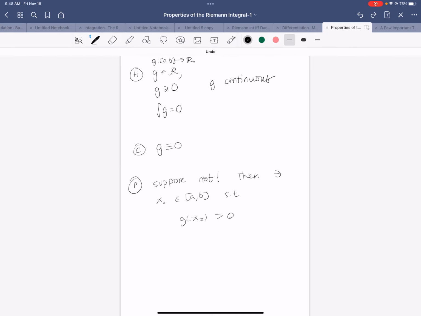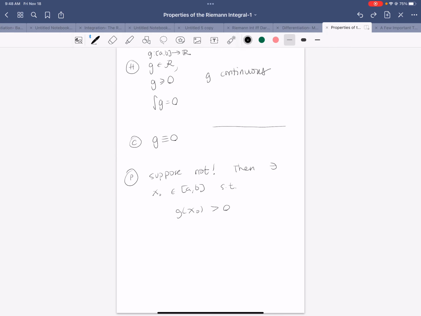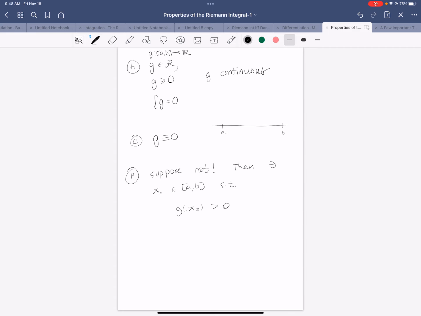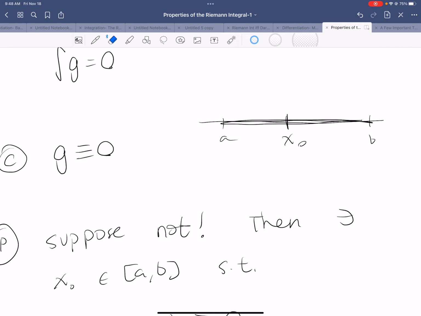Okay, so think of a picture. Here's a picture. So here's a, here's b. And we're saying suppose g is not identically 0, right? That means that there's some point x naught where, well, that was a horrible, horrible drawing. Let me try again.